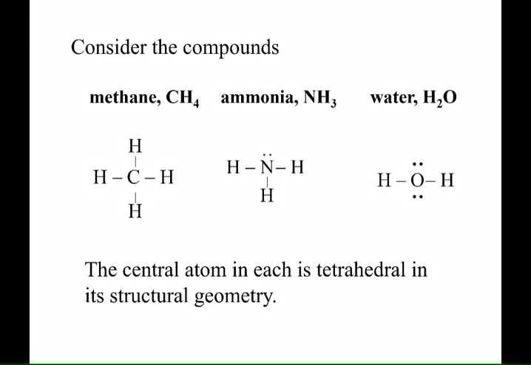Well, as is often the case, I need to go back and revisit something to clear something up a little bit. With all of these compounds, if I were to put a little star next to the middle atom, you would in each case tell me that there are four things, sigma bonds and lone pair electrons, extending from that atom.